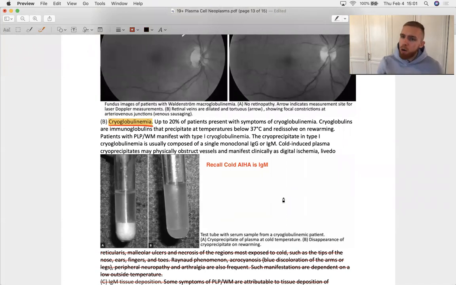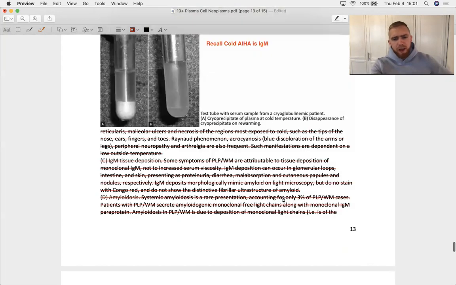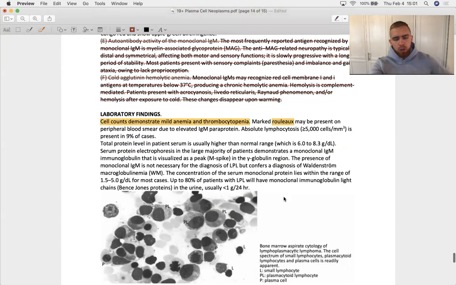Think back to our autoimmune hemolytic anemias. Remember that warm anemias are IgG without fail every time, and that every cold autoimmune hemolytic anemia involves IgM, like mycoplasma, for example. Okay, so if it's IgM, you can have a cold hemolytic anemia. And because you see an IgM spike in Waldenstrom, that's why you can see a cryoglobulin agglutination.